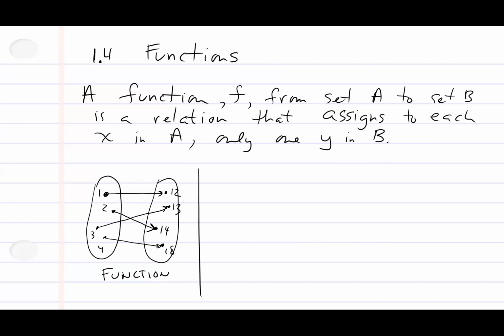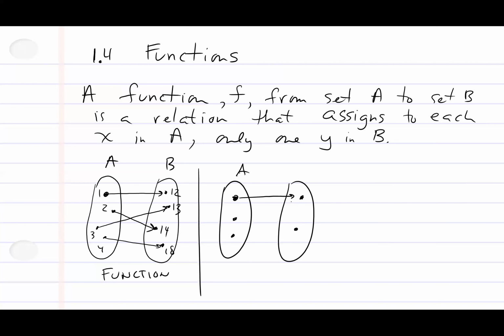Let's do another one to contrast that. Here's set A. We're going from set A to set B. We'll get to notation next, but here we go again. I'm not going to put numbers next to it since you guys know those are numbers. How about this? This dot from A goes to this dot over here, and then this dot goes to this dot.